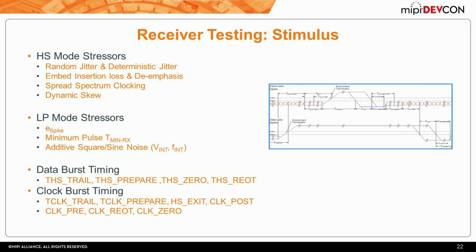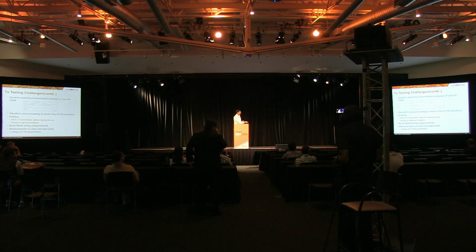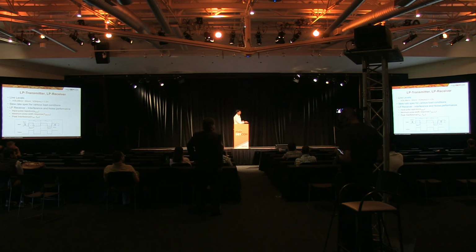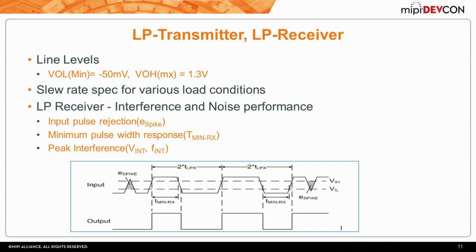The kinds of stresses are, I will go back to that slide, I think it had a picture in it. This one. Okay, so that the receiver can work in the presence of interference and noise. And these are the noise the receiver should be able to tolerate.